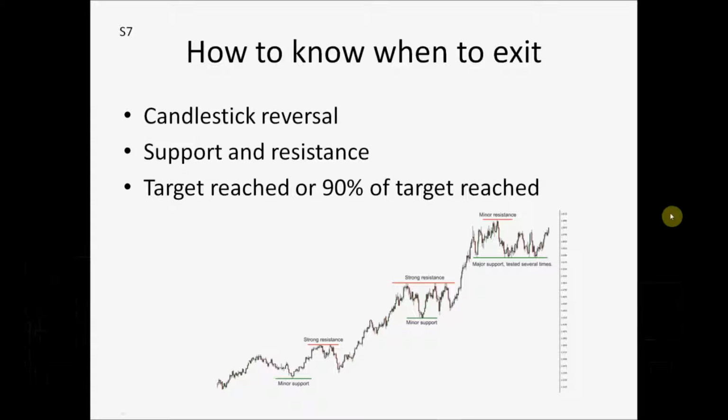We know when to exit when we get a candlestick reversal in the opposite direction on a good long trend, or at a support and resistance area, which is generally where we take profit anyway. Or if we only reach 90% of our target, and then we start to get a candlestick pattern demonstrating a reversal on our trade, we would then take profit.